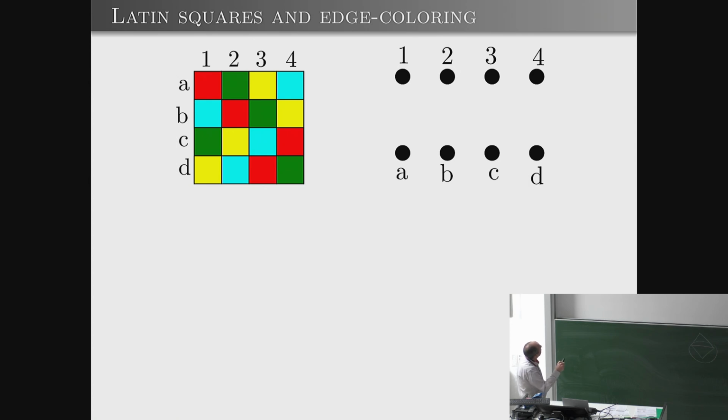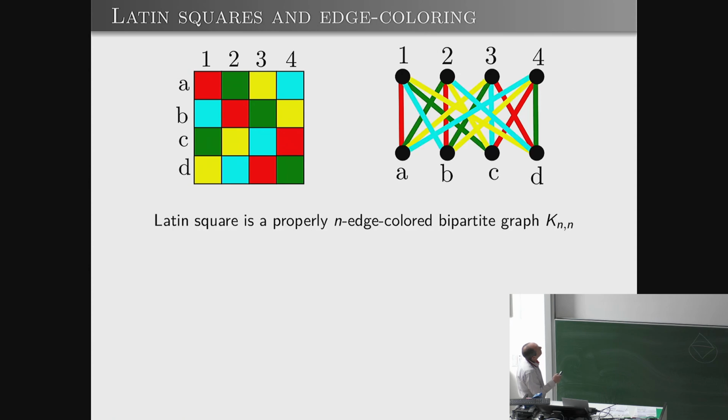Every square, for example B3, corresponds to the edge which connects point B with point 3. And the color of the square corresponds to the color of this edge. So, for example, these red squares give me these colors. And similarly, you can color the complete bipartite graph. Is this clear? This is really important.